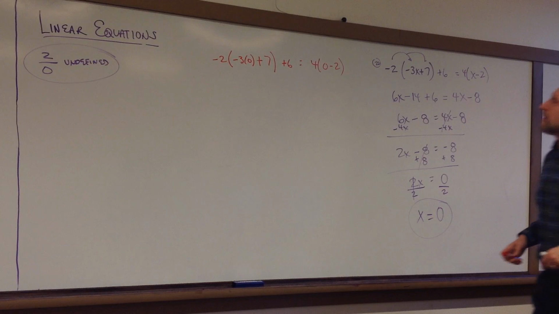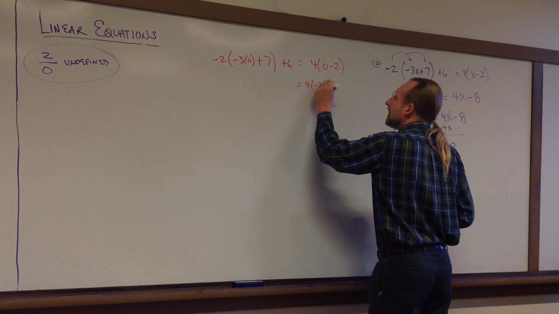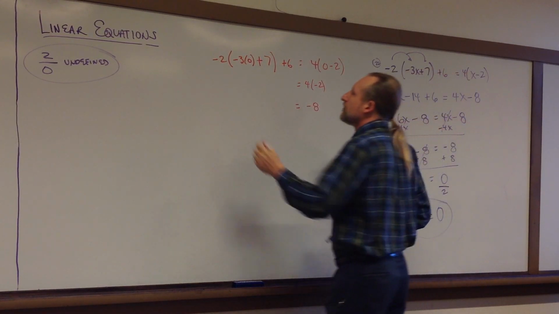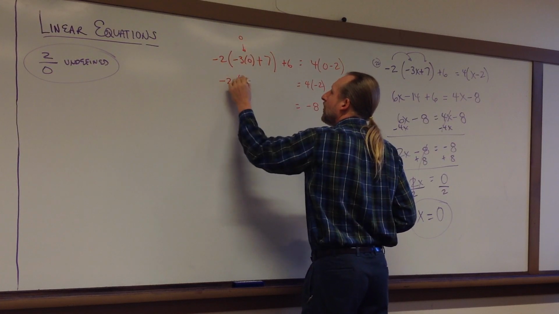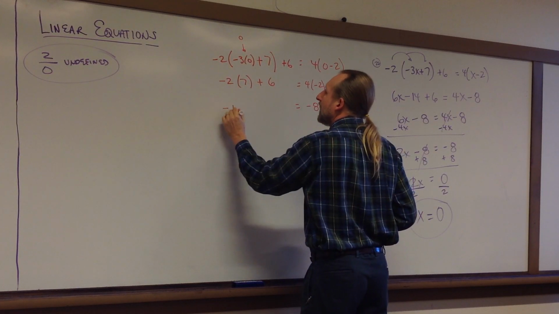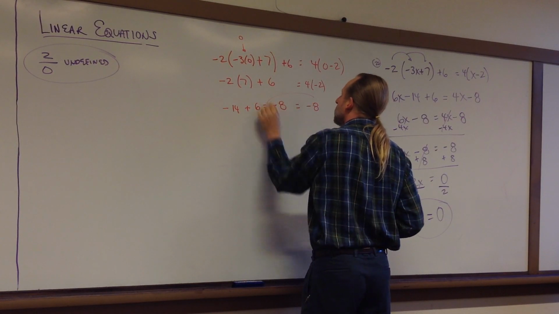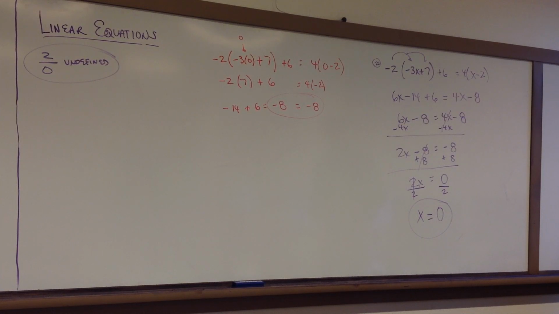The answer is 0, okay? So over here, this is 4 times negative 2, which is negative 8. All right, what's happening over here? Negative 3 times 0 is 0. So times 7, negative 14 plus 6, negative 8 equals negative 8. That's the right answer. Okay?